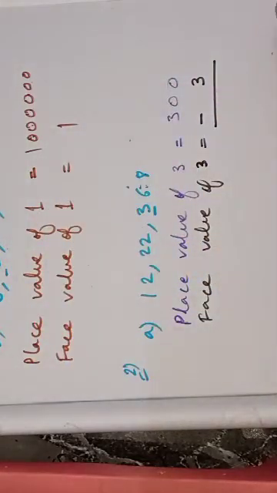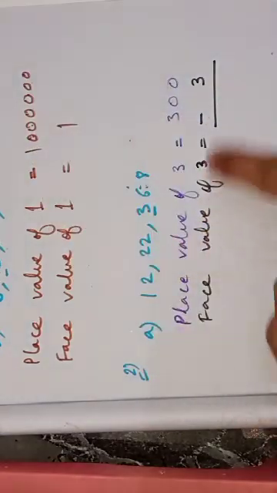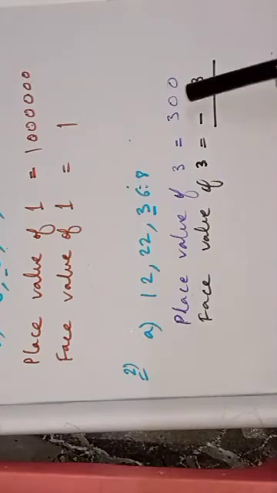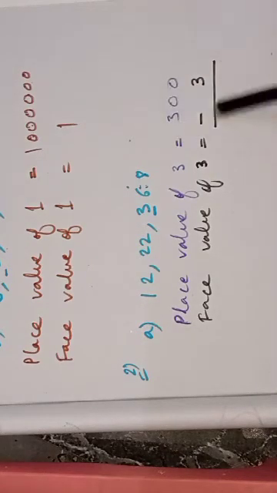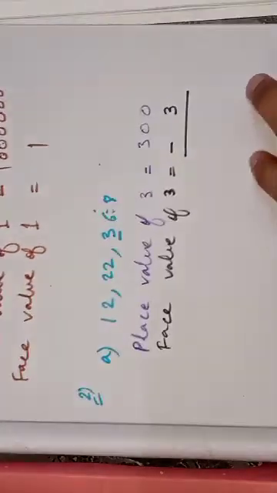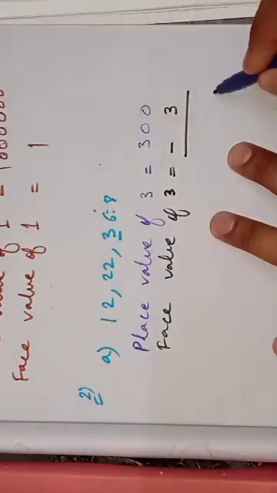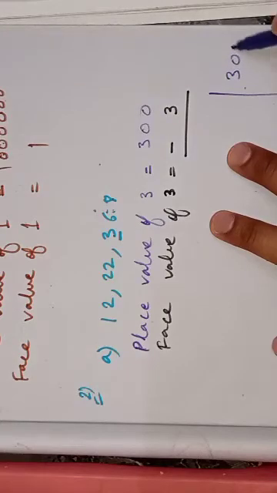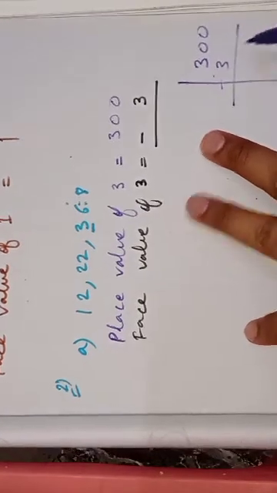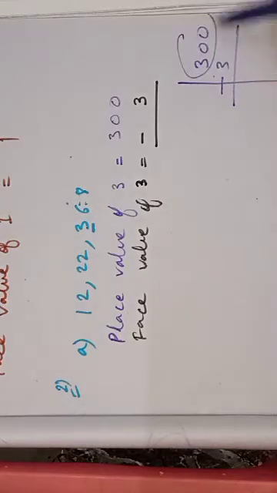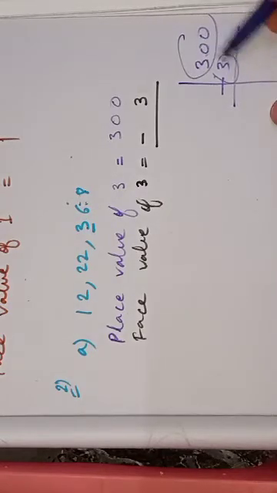Because they are asking us to find the difference, we will arrange the place value and face value such that we will be able to subtract them. I have arranged them over here such that we can subtract them easily. If I had written 300 and 3 side by side like this, it would be a mistake. You can't subtract 300 by 3 if you arrange these two numbers like this.